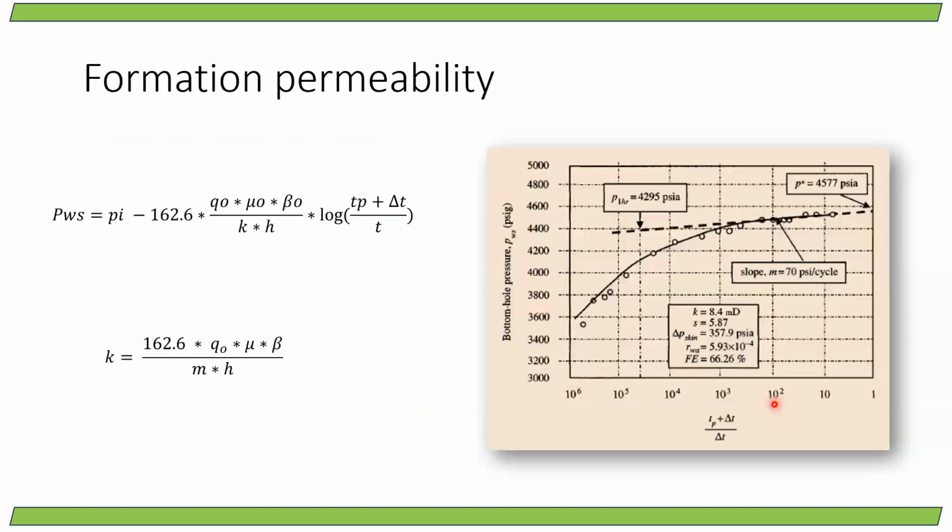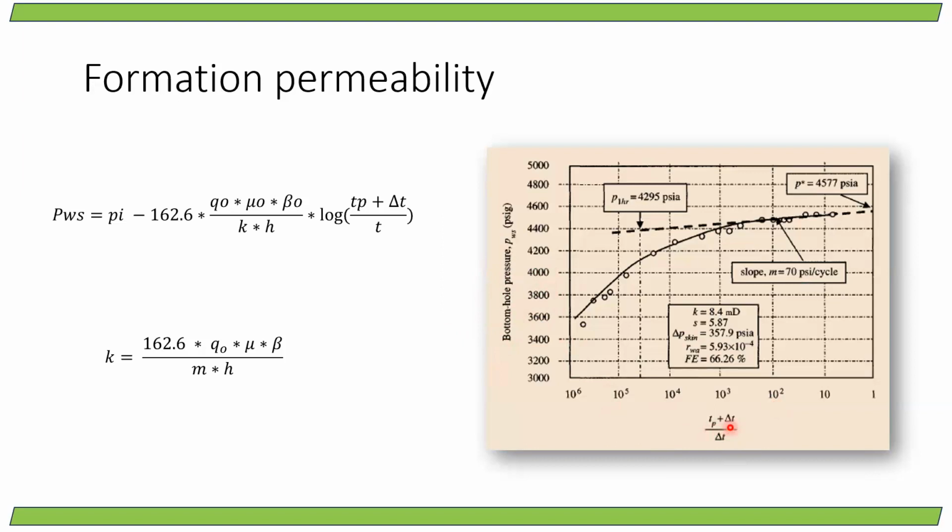When it comes to how to estimate permeability, we need the data of wellbore pressure and time. We need two times here: one is shut-in time, that is delta T, and production time, that is TP. Here TP is constant and delta T is a variable.